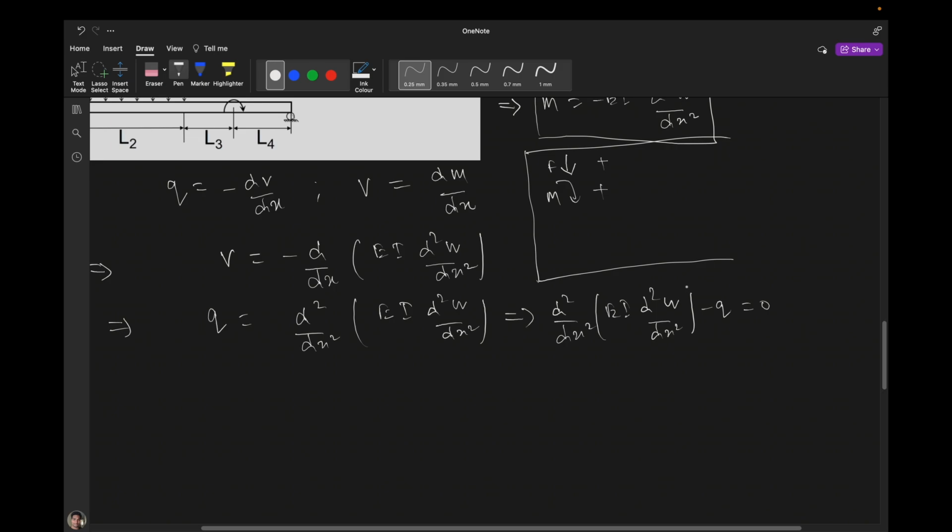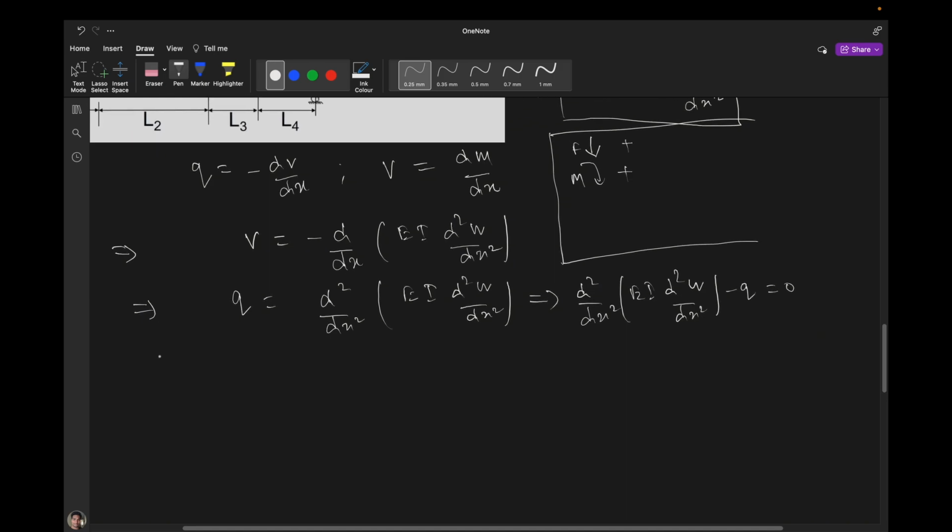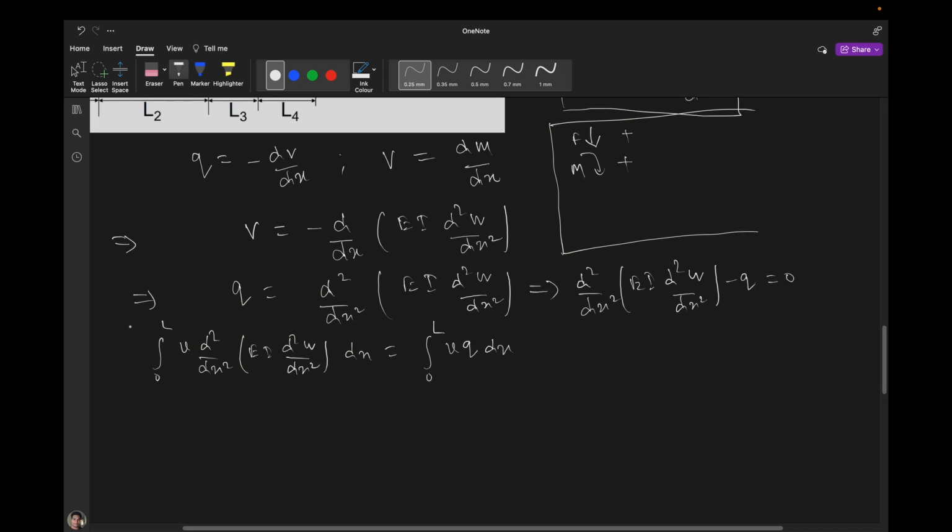The variational statement was like this: integral from 0 to L of v d2 by dx square of EI d2w by dx square dx equal to integral from 0 to L of v q dx. So this is the variational statement.